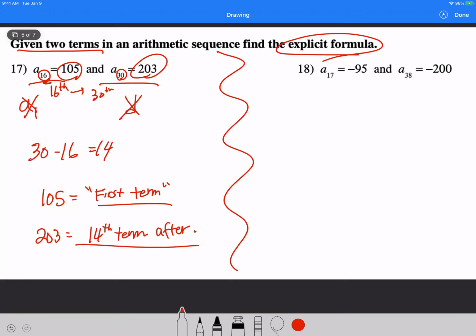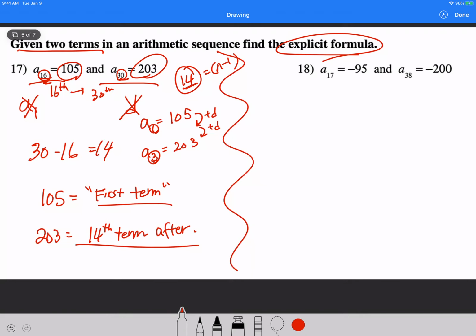Because remember, if a sub 1 was 105, and let's say a sub 3 is 203, that means that you're adding the common difference twice, right? Because that's the difference between these n values, okay? So if the difference between 30 and 16 is 14, that means you're adding the common difference 14 times, and that's going to be your n minus 1 value.